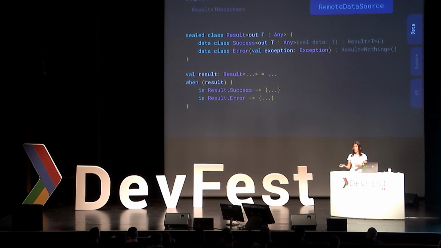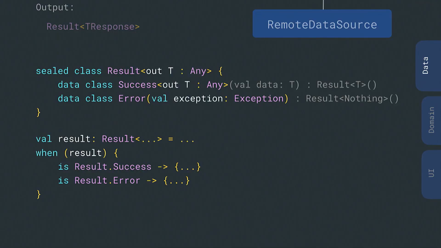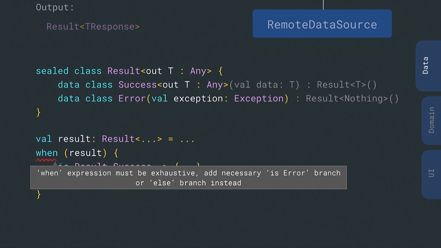A lot of times we ended up using the result in when statements, where we were handling what should happen when we have a result of success, and what should happen in case of error. But we wanted to make sure that our compiler actually tells us something when we're not handling all of the branches, for example, if we're commenting out or forgetting to do that. So we want the compiler to enforce an error. In our case, we wanted to get the message "when expression must be exhaustive" and need to implement the error branch.